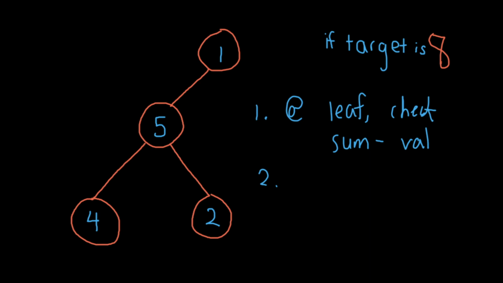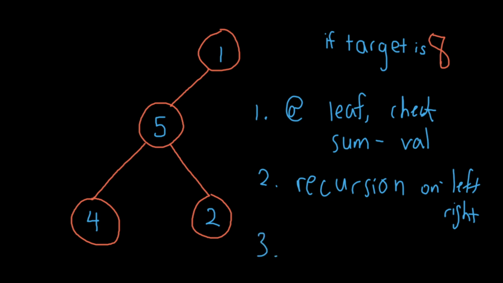Otherwise, recursion on left and on right. And that's a technique that you're going to see when you want to do DFS. There's a recursion going to the left and to the right. And sometimes you have to make a decision about what is returned from those things. And as always, for any recursion, you're going to need a base case.